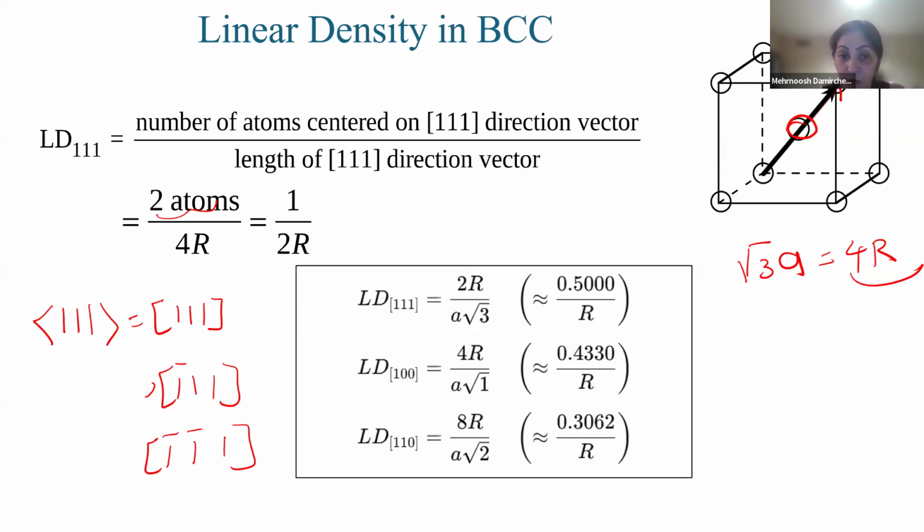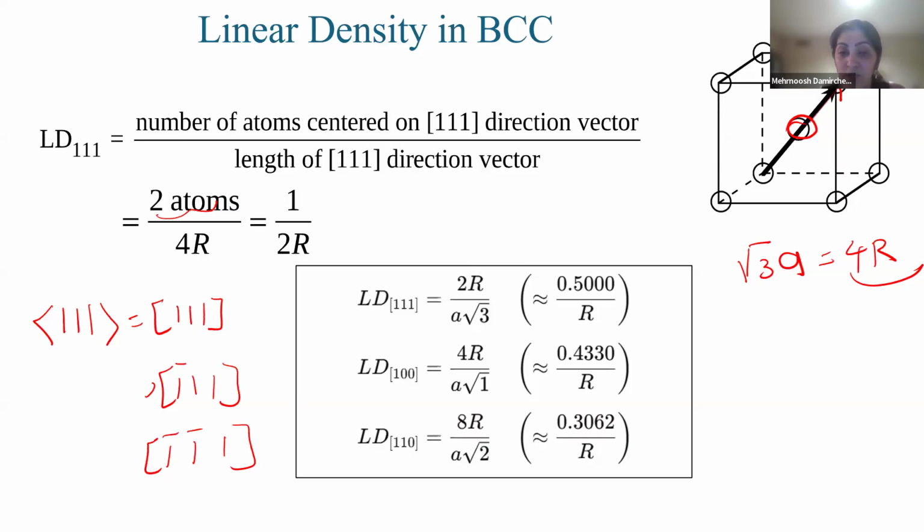Okay, if I write the linear density in different directions, or for different family directions, in the diagonals of the cell, it is 0.5 divided by r.